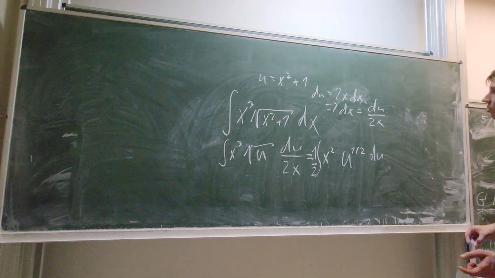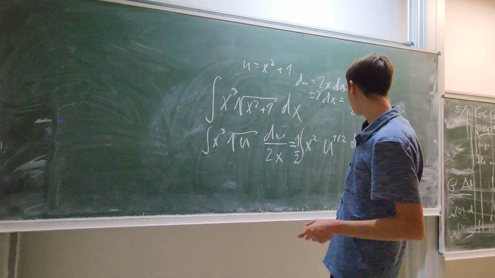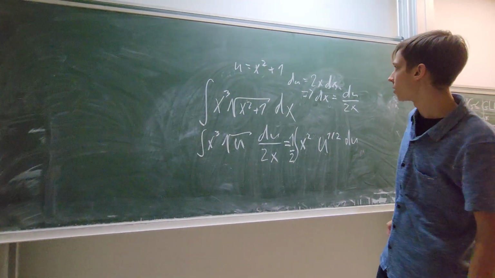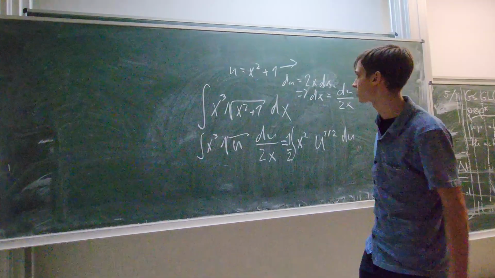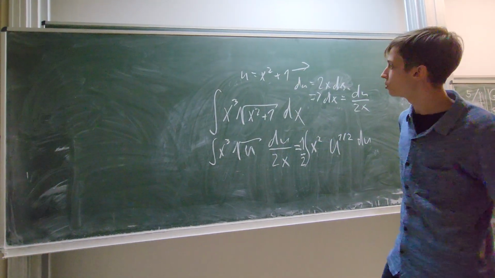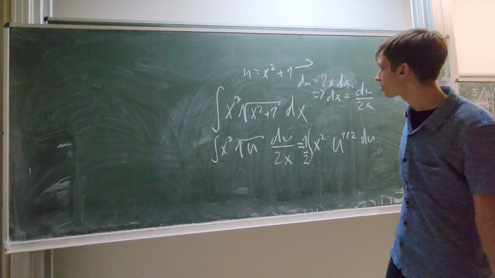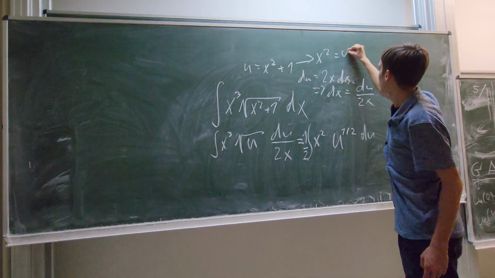And now also I can further work and play with this u actually. So this is nicer than one might have expected. One might have expected some trigonometric substitution with complicated stuff. But instead I can further play with what I set u to be. I set u is x squared plus 1, but I can also say that x squared is, using algebra, u minus 1.